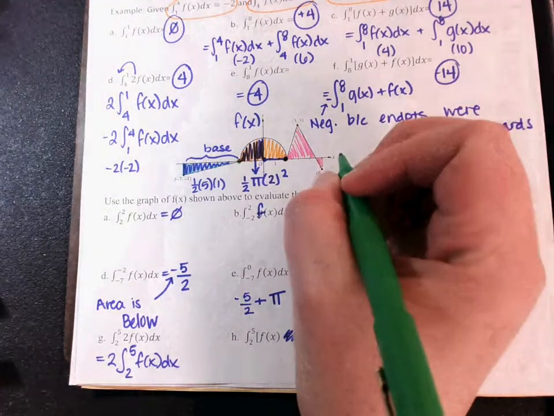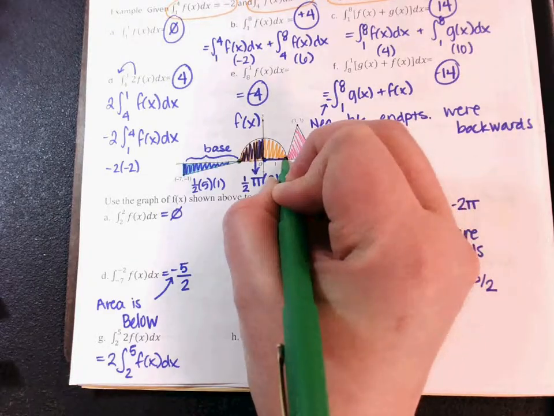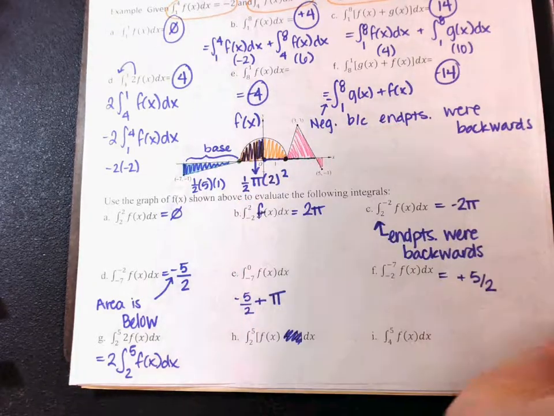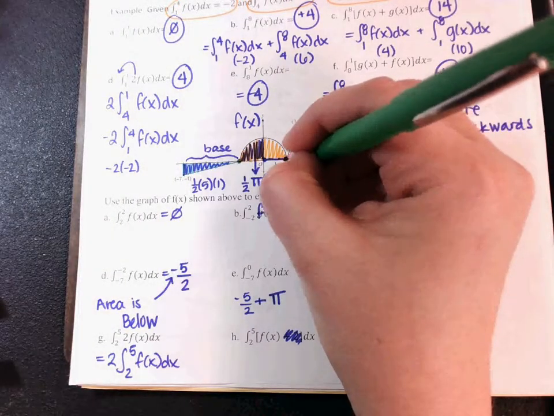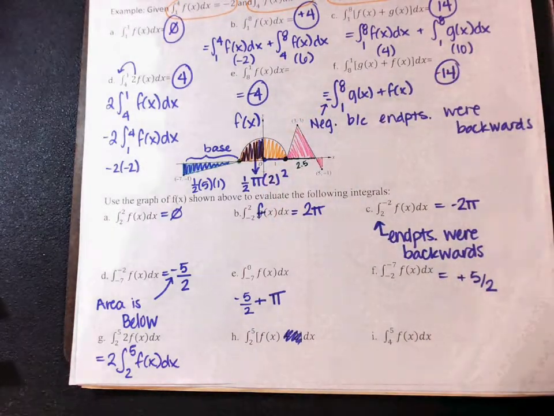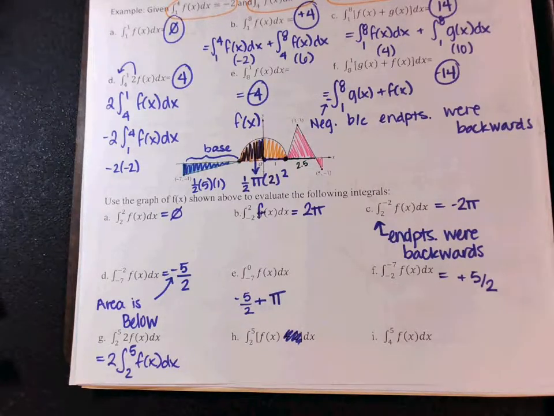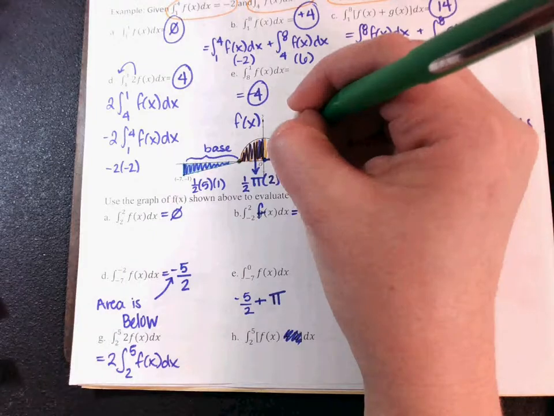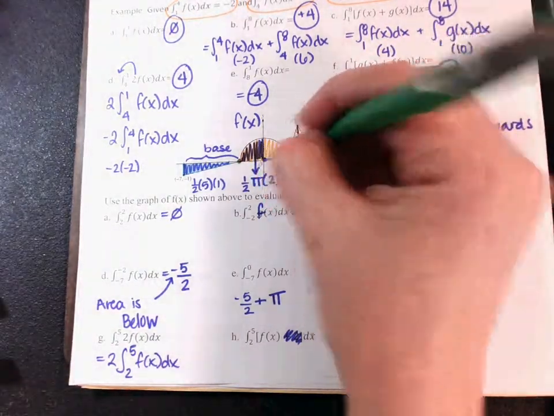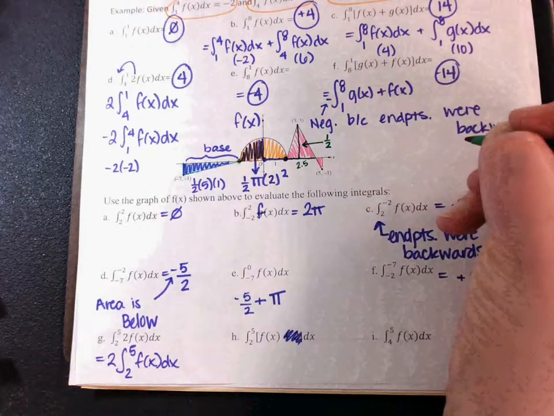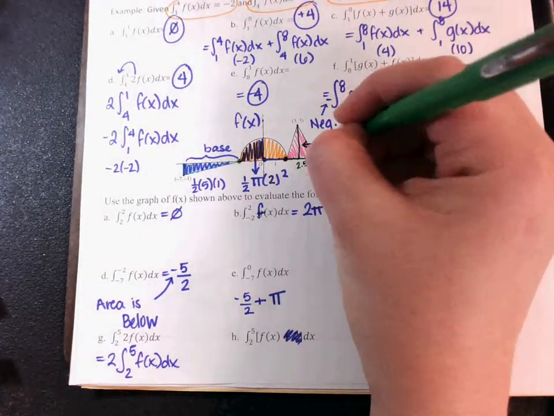So if I was doing this one, what is my base? 3. Almost 3. It's actually 2.5. So I'm going to make that 2.5. Okay, because see how it crosses right between 4 and 5? Okay, and then what's my height here? 3. So if I wanted the area of that triangle, it would be 1/2. My base is 5/2.